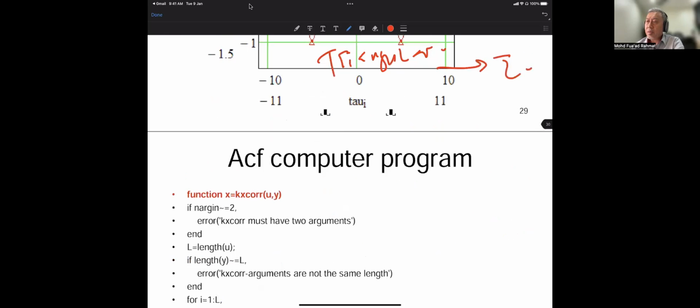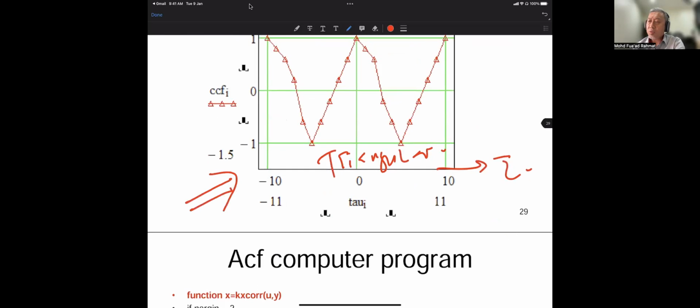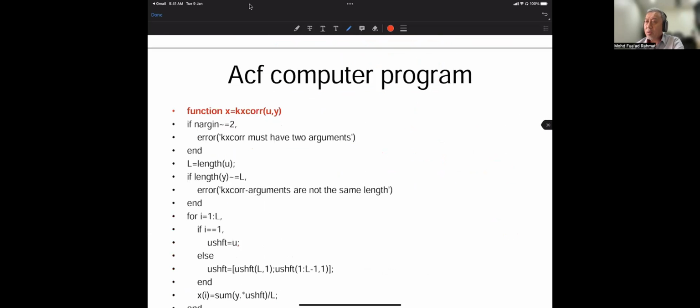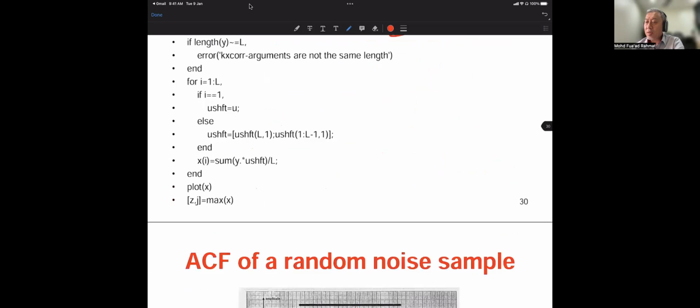This is simply to understand the concept. We showed some shifting using tables, but you can do it with a computer program. This is a computer program that I designed for the process to achieve the autocorrelation function.